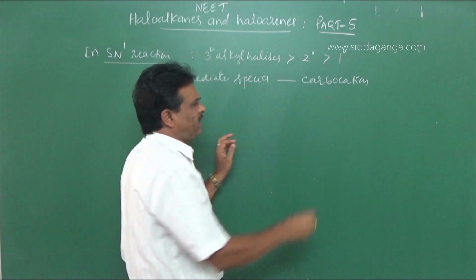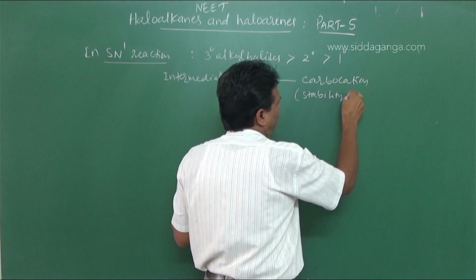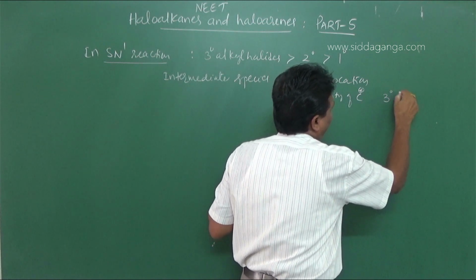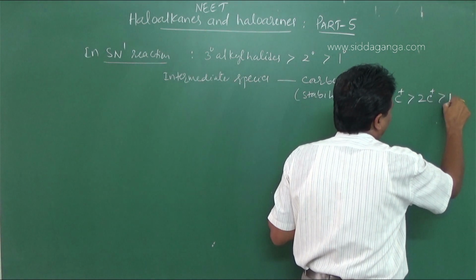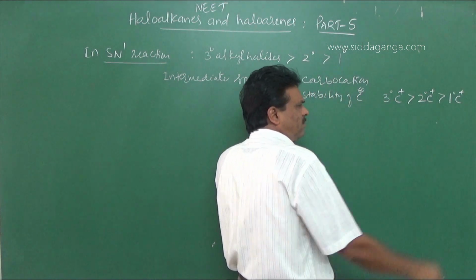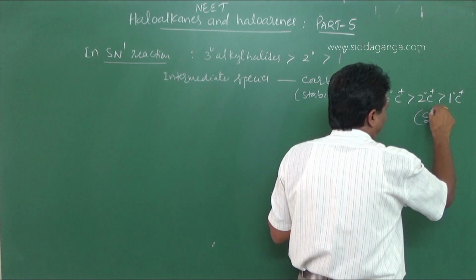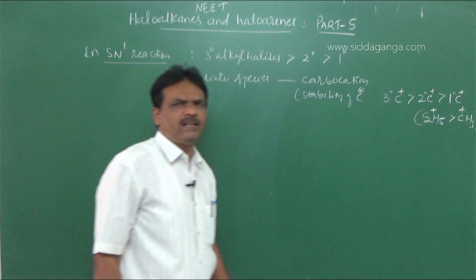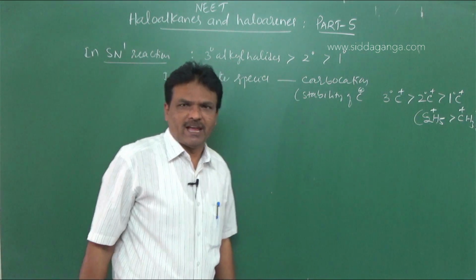So we know the stability order of carbocations: 3 degree carbocation is more stable than 2 degree carbocation, which is more stable than 1 degree carbocation. Then among 1 degree, ethyl carbocation C2H5 plus is more stable than methyl carbocation. Clear? This is the intermediate species involved in SN1 reaction.